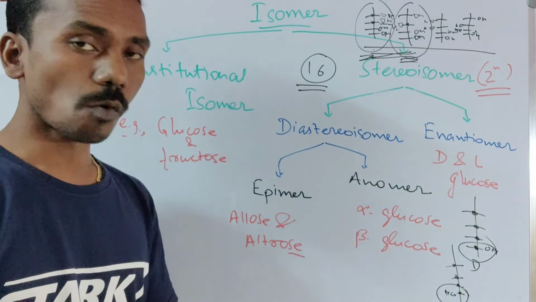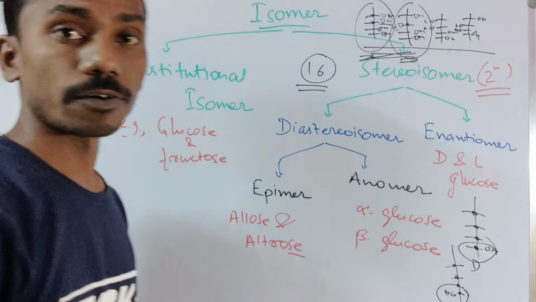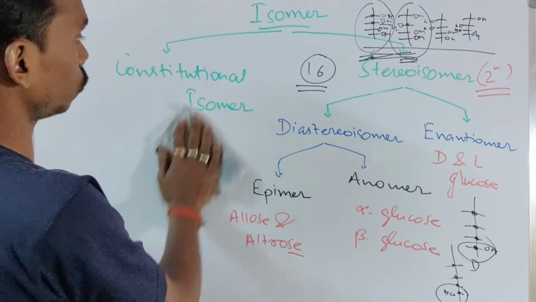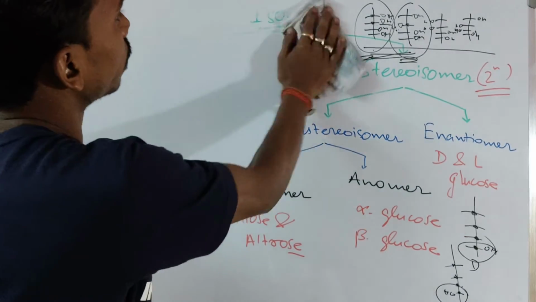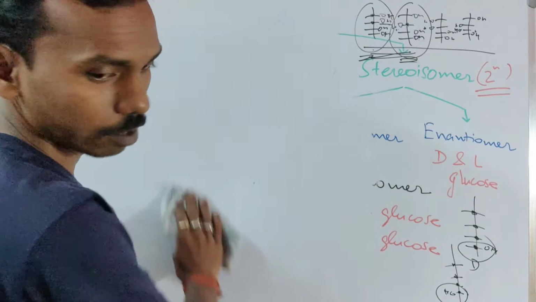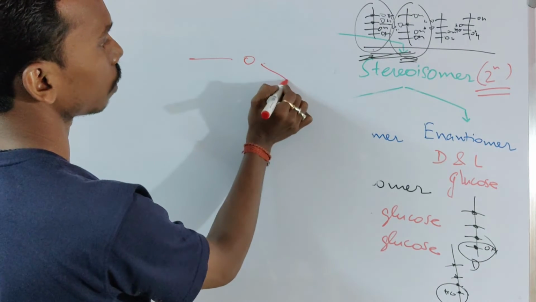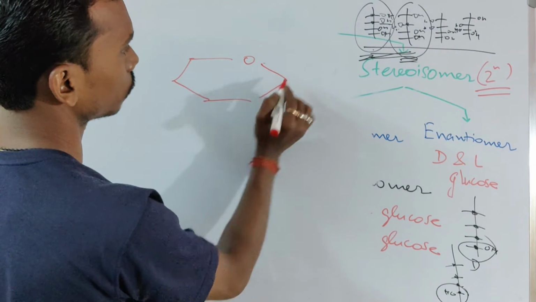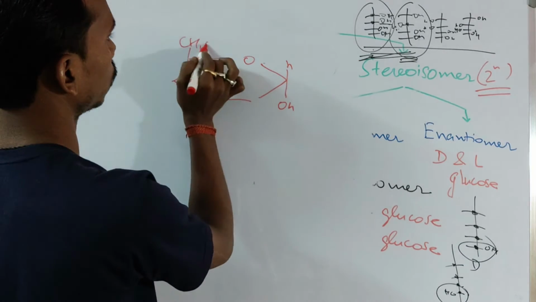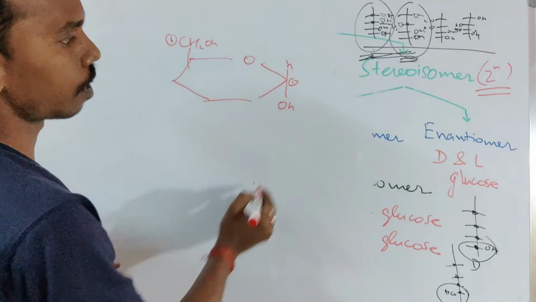What is an anomer now? If you have seen the lecture on Haworth projection and Fischer projection, then you must have seen that there may be two kinds of Haworth projection. If we draw the Haworth projection here, this one is the number 1 carbon and this is the 6th carbon.